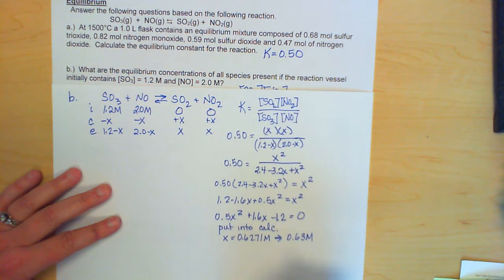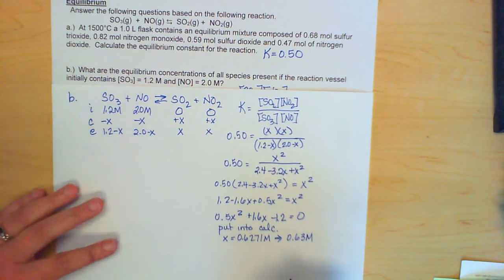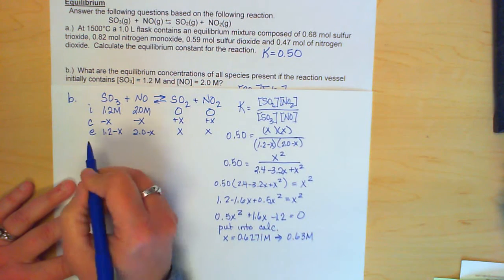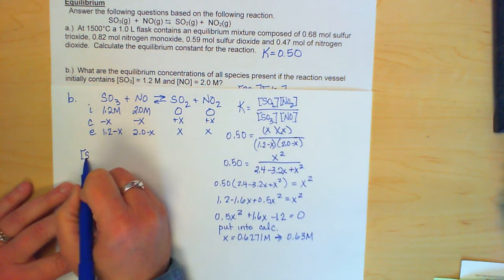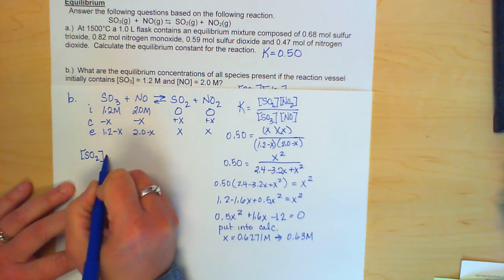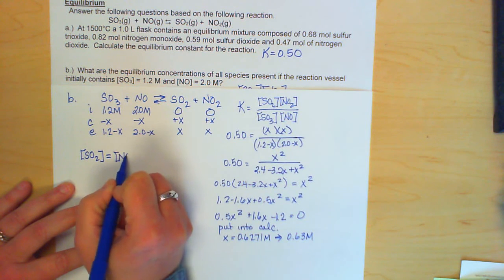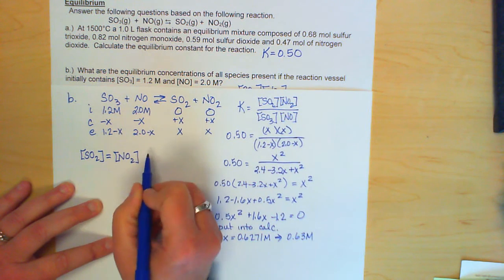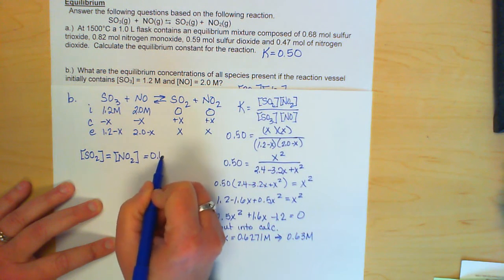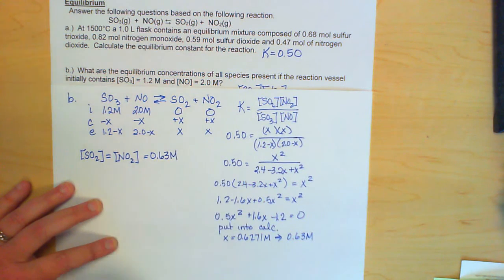Now there are two ways to work this. The easiest thing is to go back up to the equilibrium, and we know that SO2 is equal to NO2, which are both equal to x, which we know is 0.63 molar.